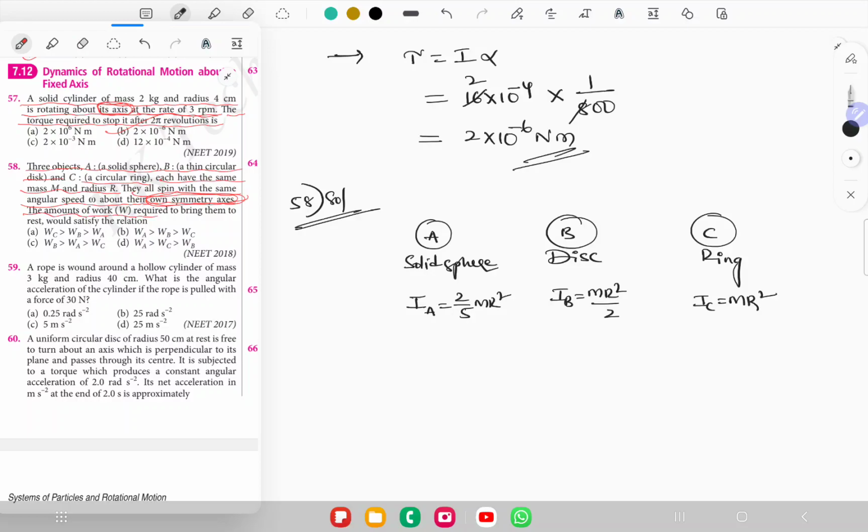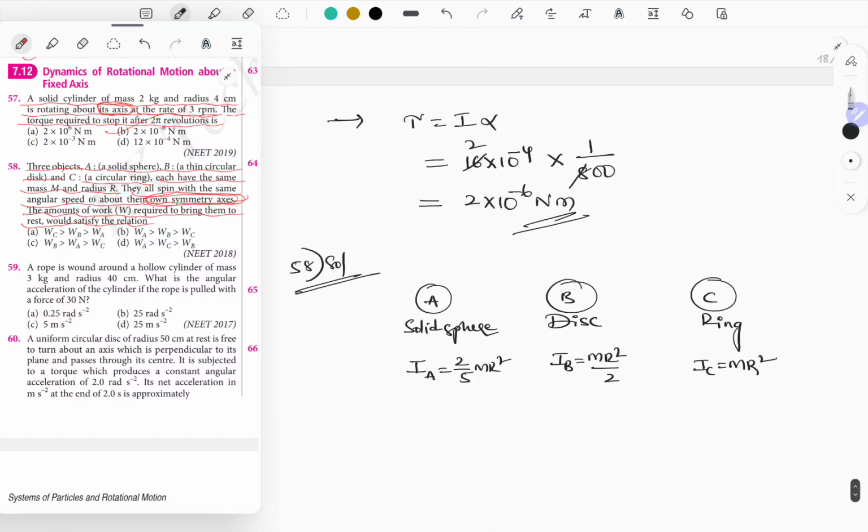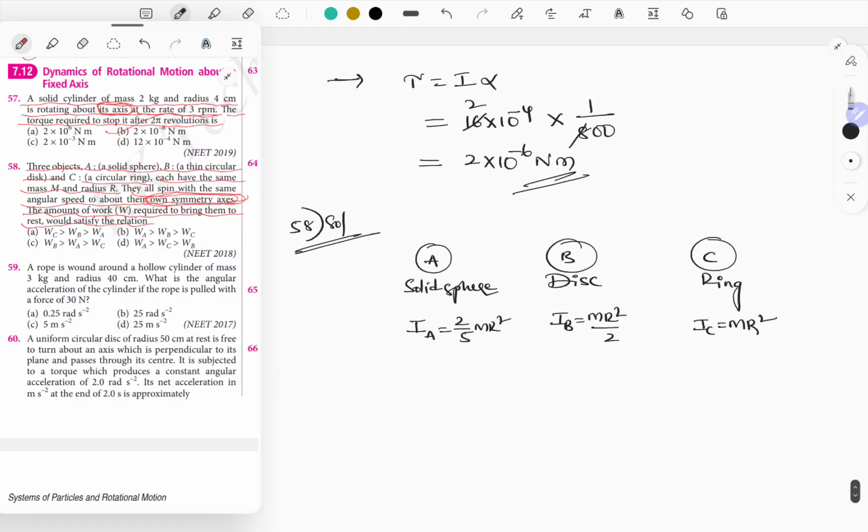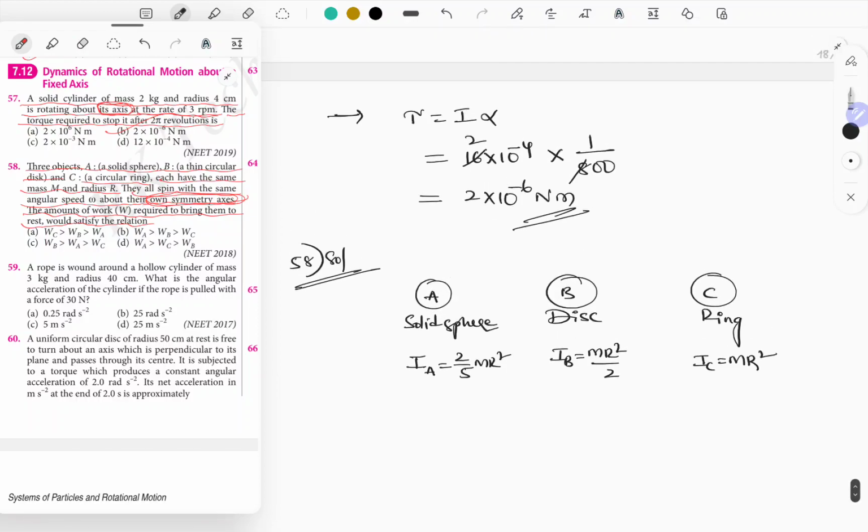The amount of work required to bring them to rest would be. Generally, the object which has more moment of inertia is very difficult to stop. If moment of inertia is more, then it is very difficult to stop that object.